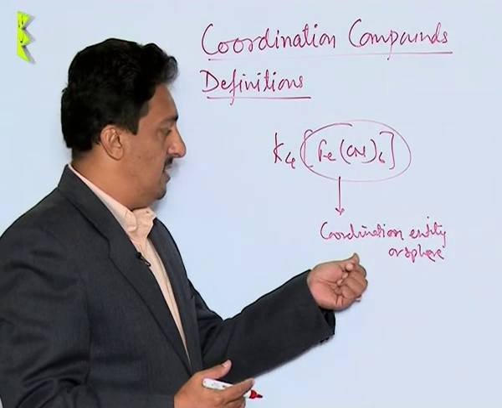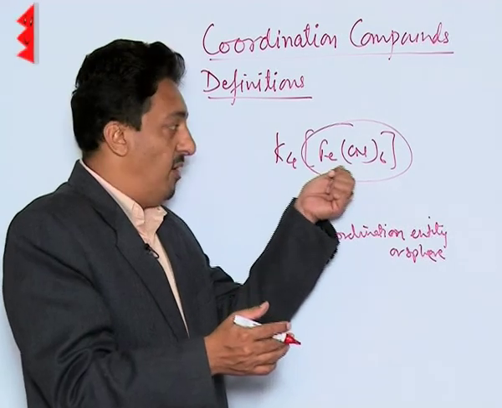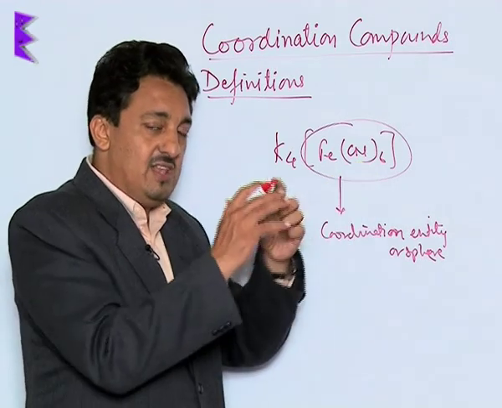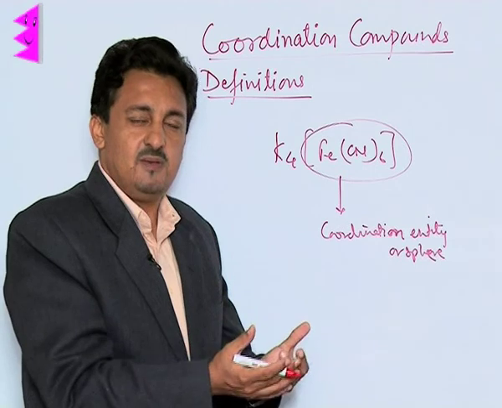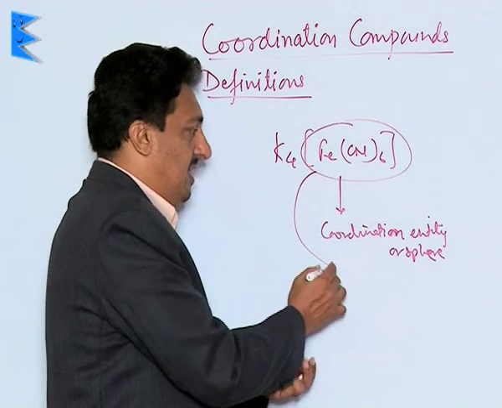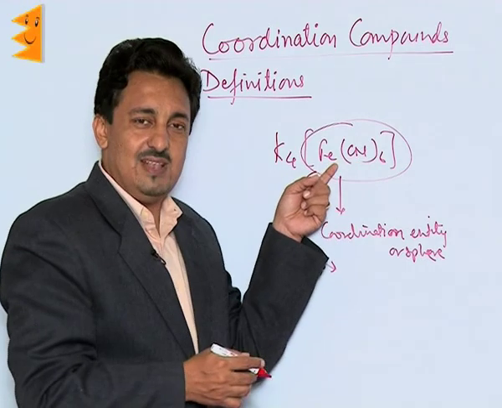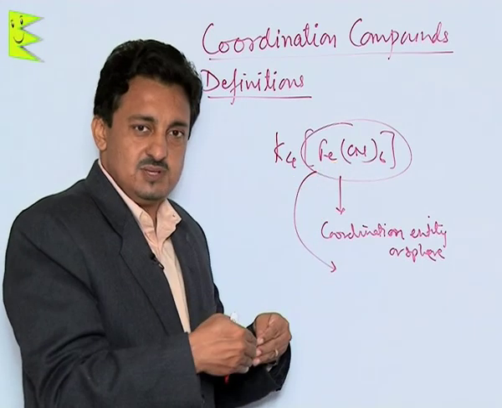Because the central metal atom is bonded to these species and forms a three-dimensional polyhedron which takes the form of a sphere, as well as this entity is having these group of species bonded to the central metal atom, the metal atom which is there like Fe, through coordinate bonds.